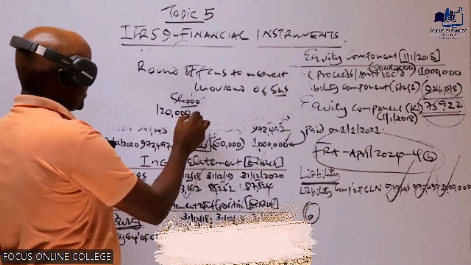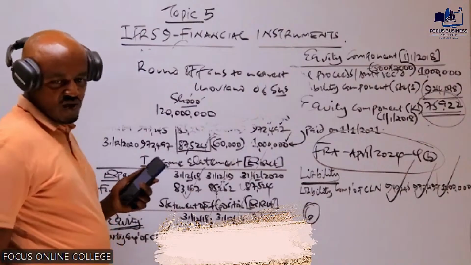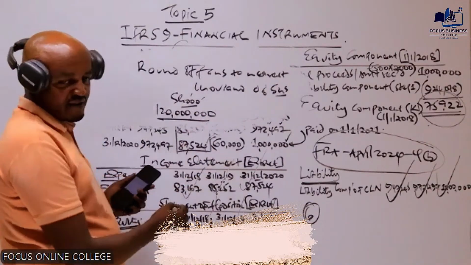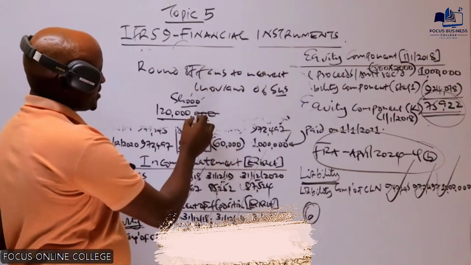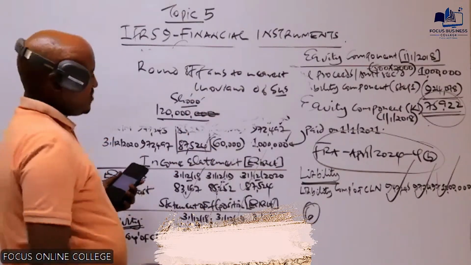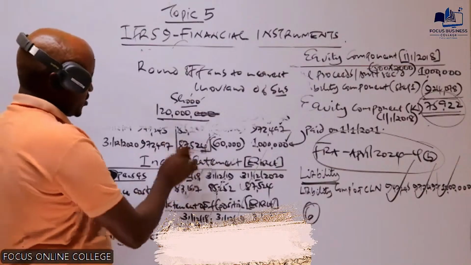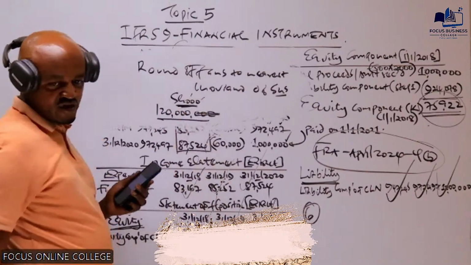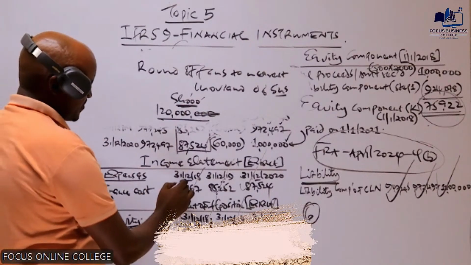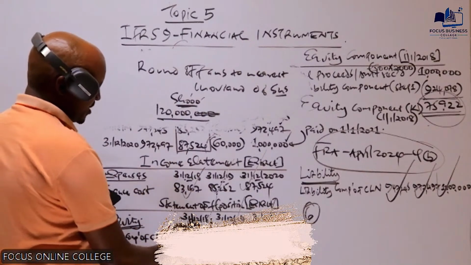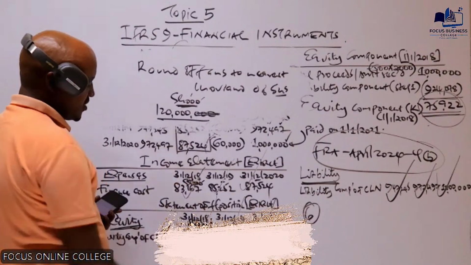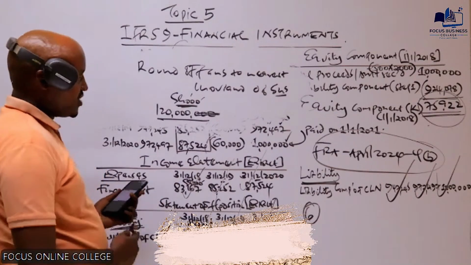When working out this question, you do not work with this whole figure, but you omit the last 3 zeros. When preparing the amortizations and the statement of financial position, you must note that your figures are in 1,000 of shillings.